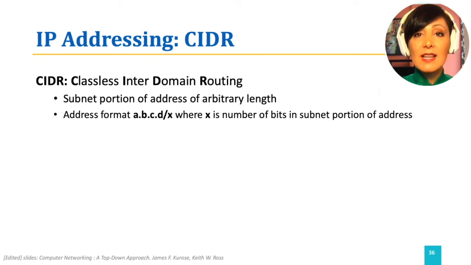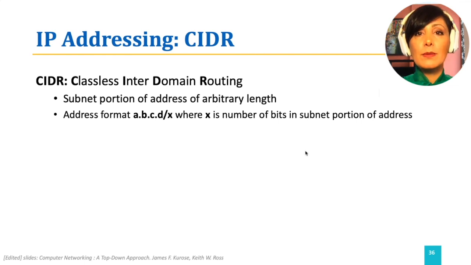That length is defined by the subnet mask. The format of the address, as we saw in the previous examples, will be A.B.C.D. A, B, C, and D are all 8-bit numbers between 0 and 255. Then /x, where x is the length of the subnet portion of the address.